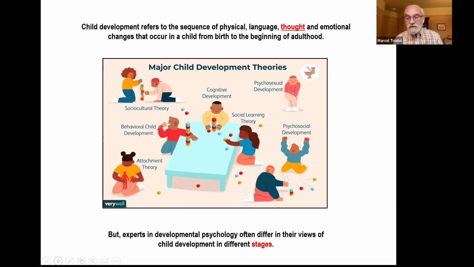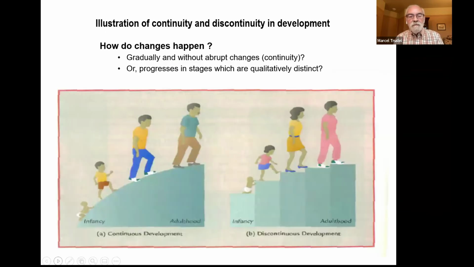Piaget advanced that from birth to 6 years old, it's important to distinguish different stages of development. Next is an illustration of the idea of continuity and discontinuity in development. Does change happen gradually or with abrupt change? That's continuity, or qualitatively distinct stages.